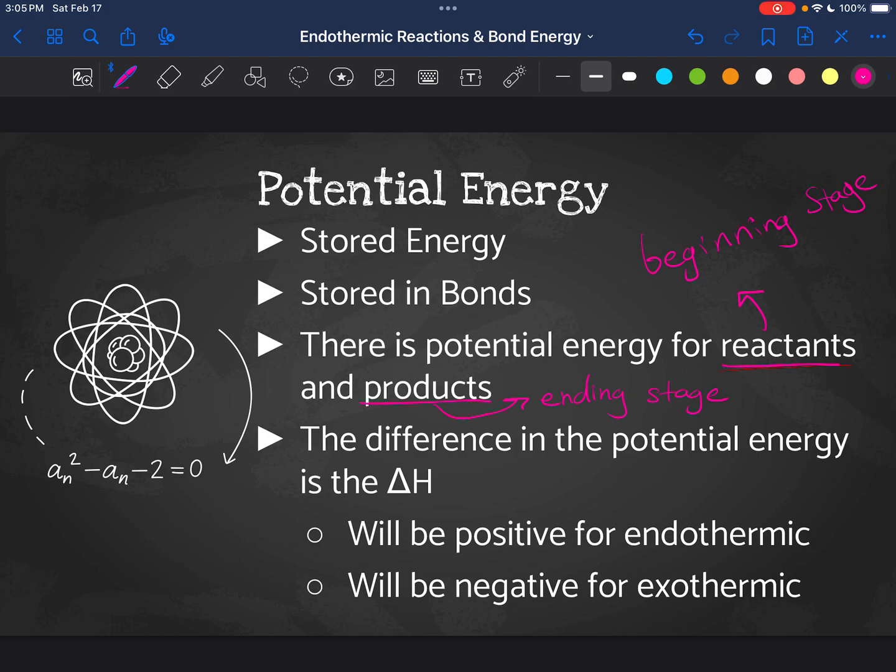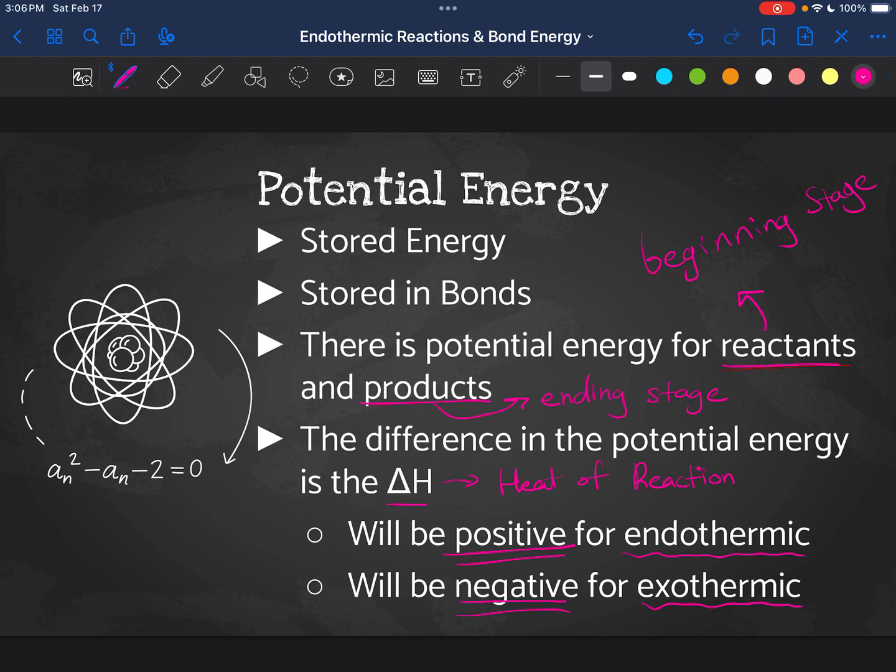We're also going to go over the heat of reaction, or delta H, which I will mention within this lesson. Endothermic and exothermic: one being positive while the other is negative.